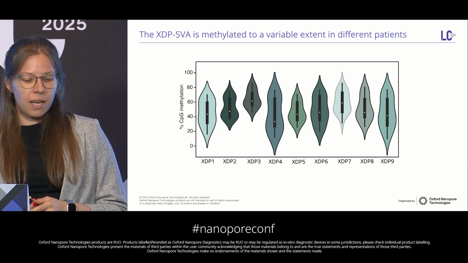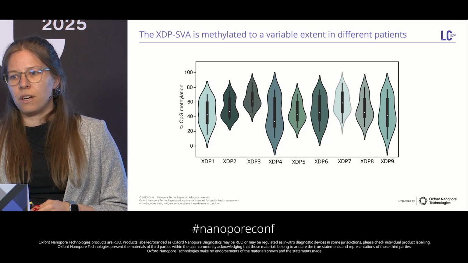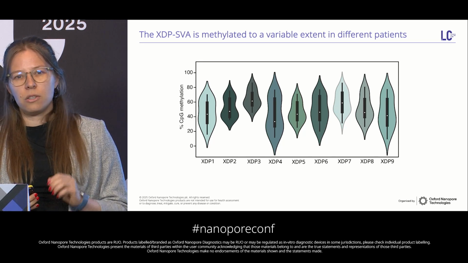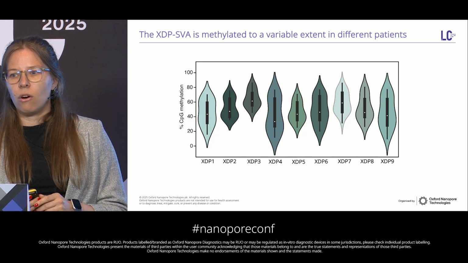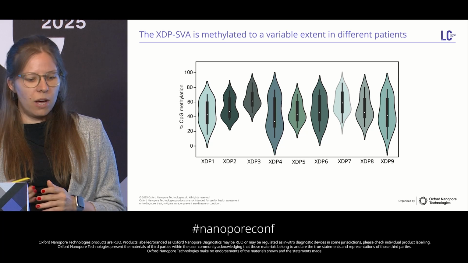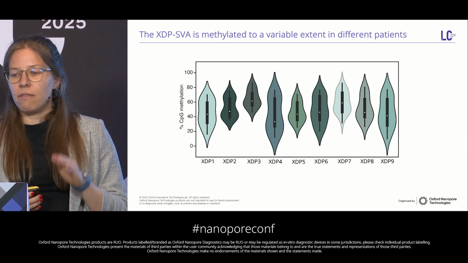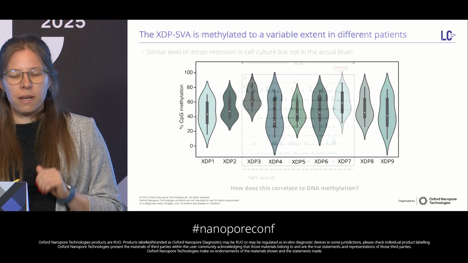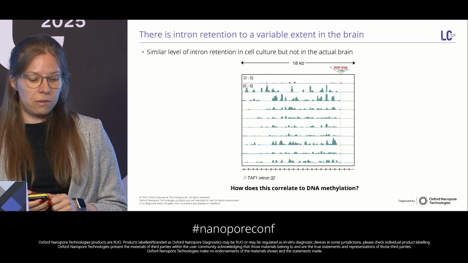Then when we looked at this XDP-SVA locus, here you see 9 different individuals, and the violin plots show the CpG methylation of the XDP-SVA as a whole. And you can see that the level of methylation is very different. So some samples are very, very lowly methylated at this locus, but not others.